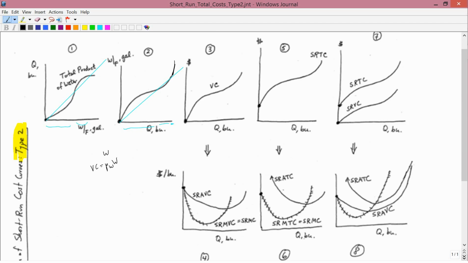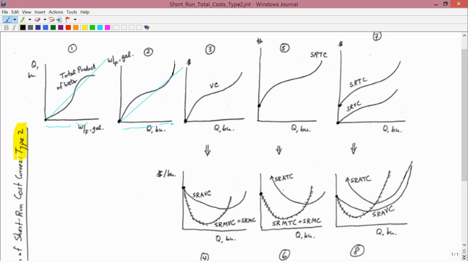So that involves taking number 2 and then stretching it out vertically if the price of water is greater than 1, squishing it in vertically if the price of water is less than 1, and leaving it the same if the price of water is equal to 1. Bottom line is, regardless of what the price of water is, graph number 3 has the same basic shape as graph number 2, and the basic shape is the only thing that we really care about.